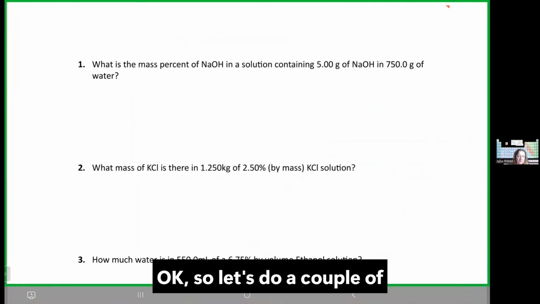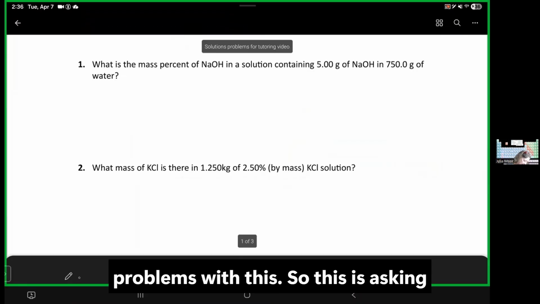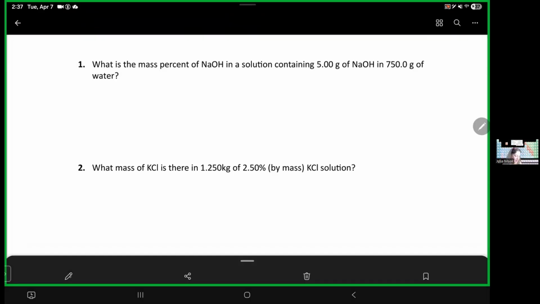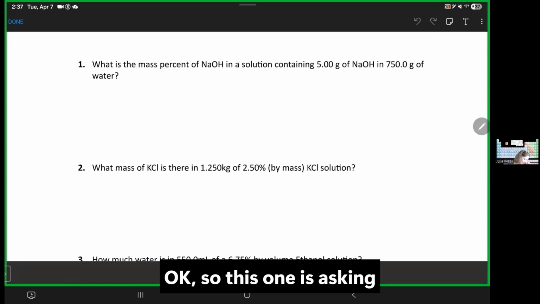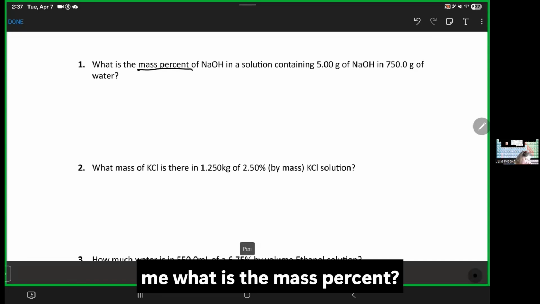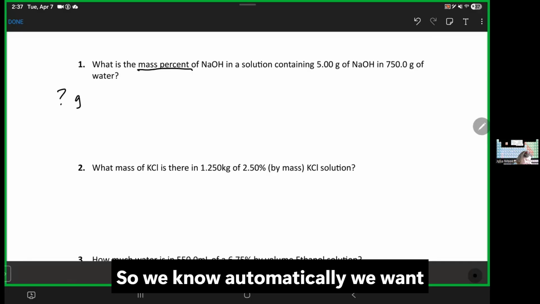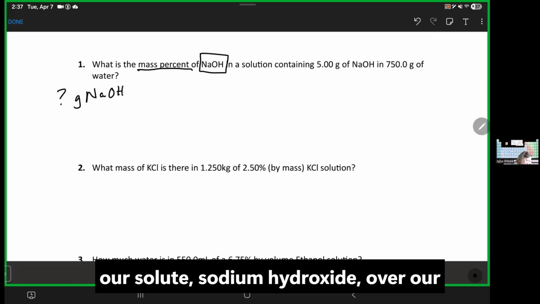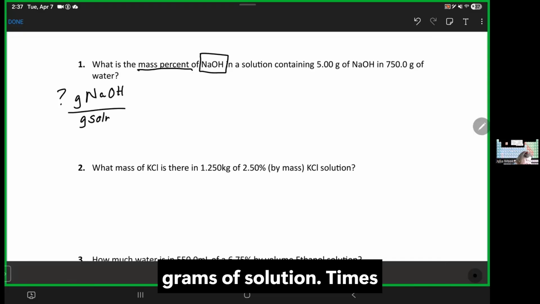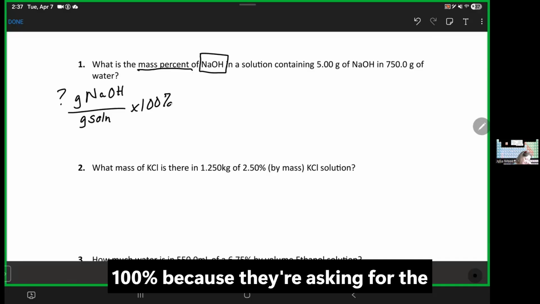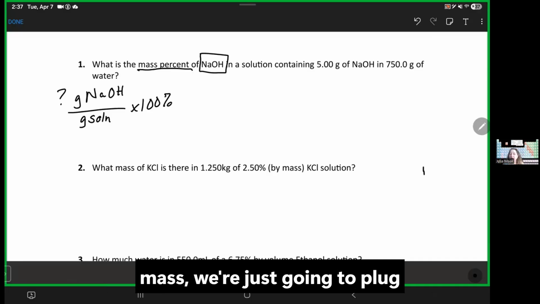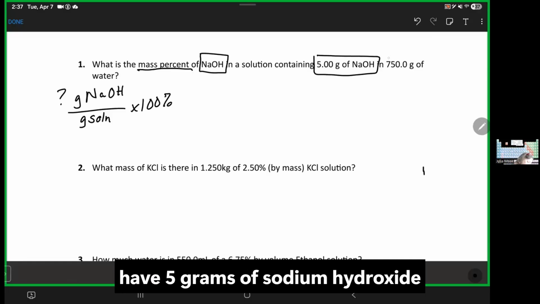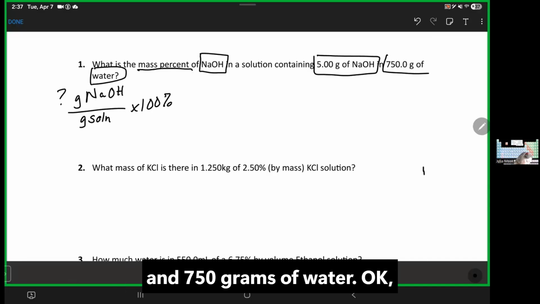Okay, so let's do a couple of problems with this. So this one is asking me, what is the mass percent? So we know automatically we want to know how many grams of our solute, sodium hydroxide, over our grams of solution times 100%. Because they're asking for the mass, we're just going to plug it into the equation. So we have 5 grams of sodium hydroxide and 750 grams of water.